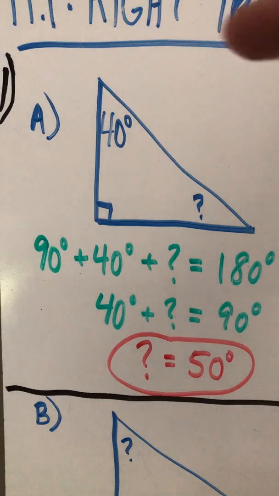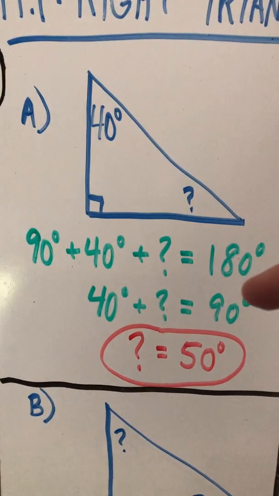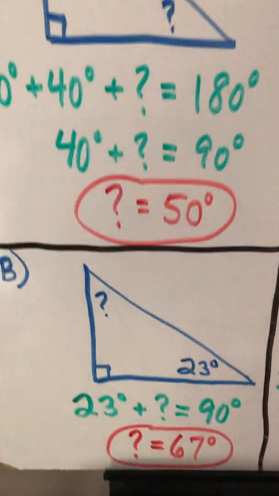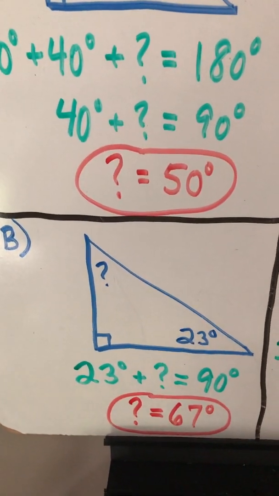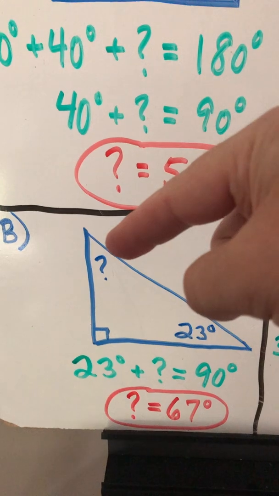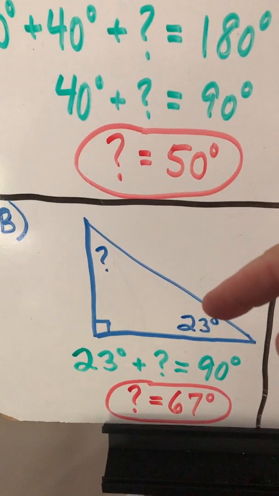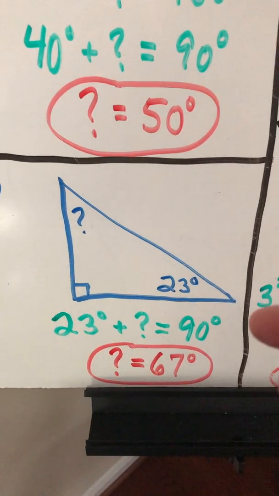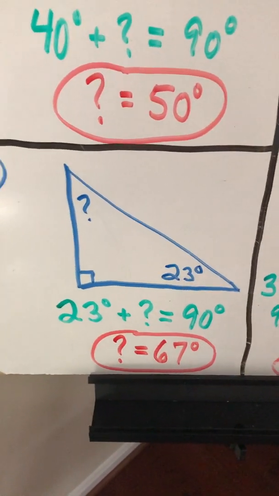So then I can just say 40 plus what equals 90? Well, 50. So for example, if I see 23 here, I can just say 23 plus what equals 90, or 67 degrees.